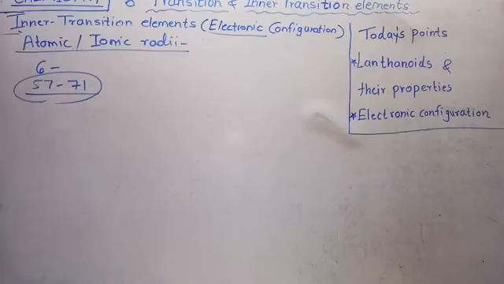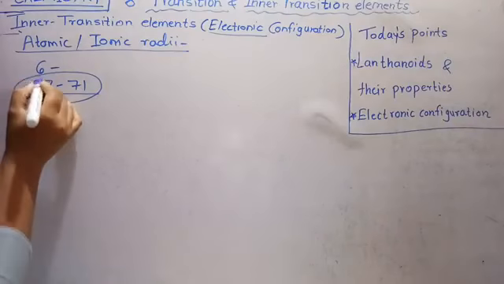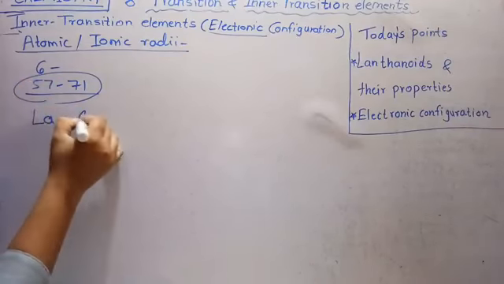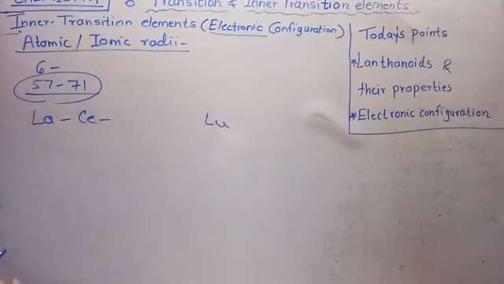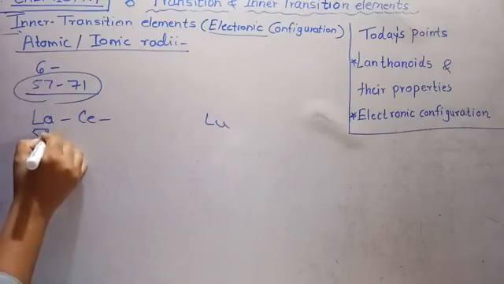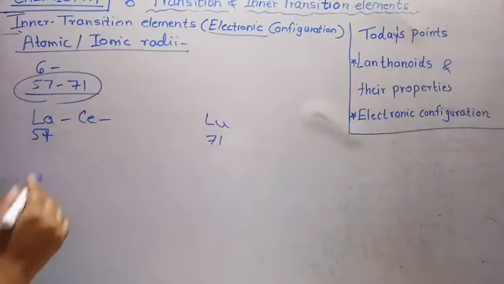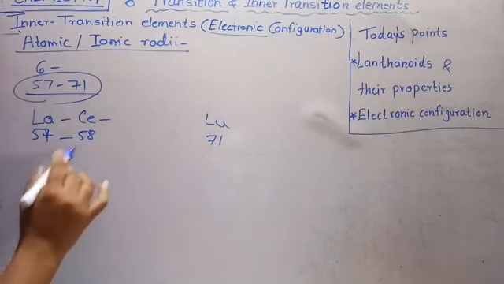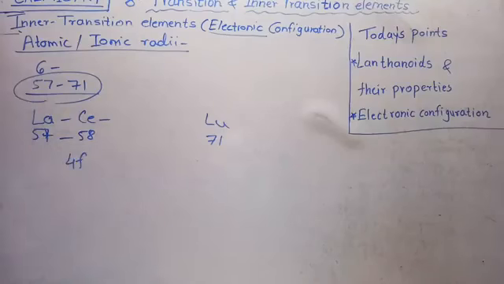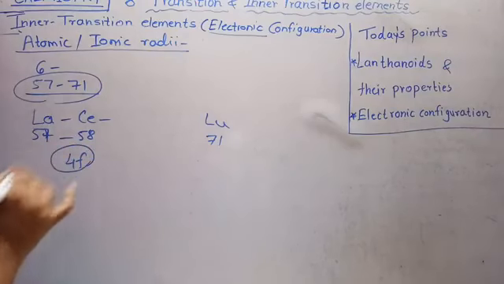Because just one electron is added from lanthanum to lutetium, that is from 57 to 71, and this incoming electron is added into the same shell, the 4f orbital. And the valence electrons experience higher nuclear attraction because of the poor shielding effect of the 4f orbital.